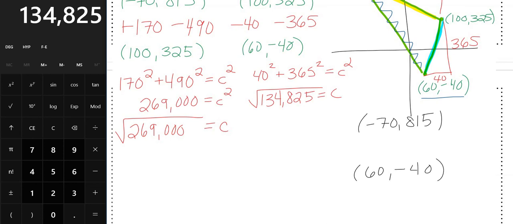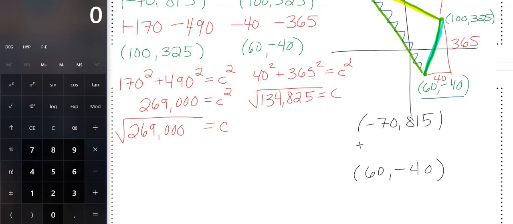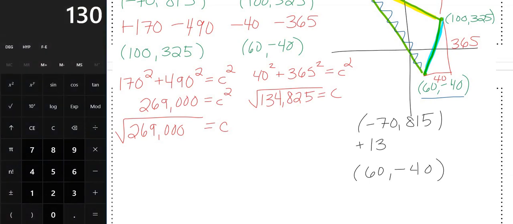Okay, so to get from negative 70 to 60, we're definitely going to be adding. And since one's positive, one's negative, you can do a little trick to find the distance between them, which is adding them together. So in the calculator, ignore the negatives. You're going to add 70 and 60 together to figure out the distance between them, which is 130. And you know you're increasing because you're going from a negative 70 to a positive 60.